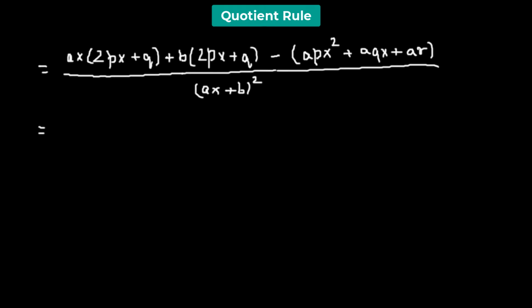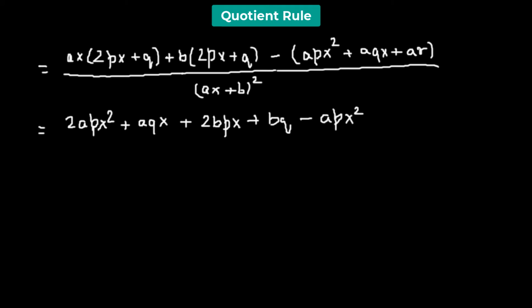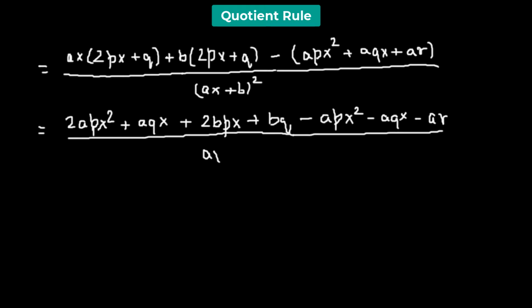So we get 2 times apx squared plus aqx plus 2bpx plus bq minus apx squared minus aqx minus ar, whole divided by ax plus b whole squared.